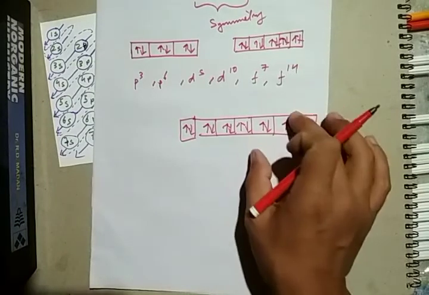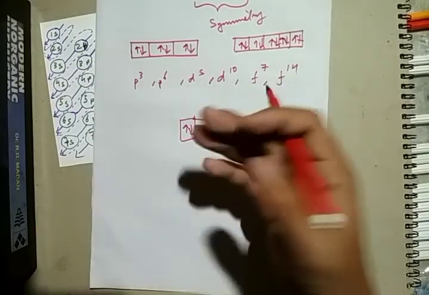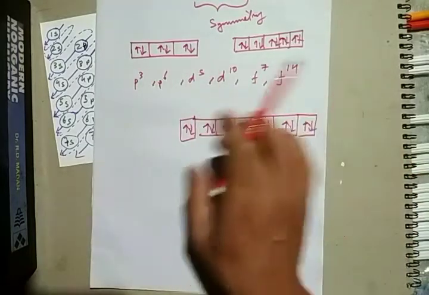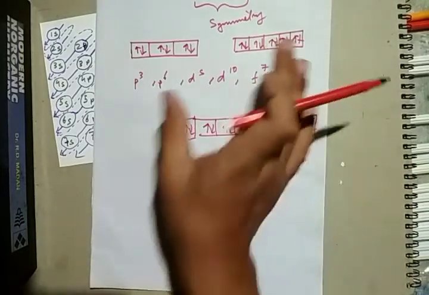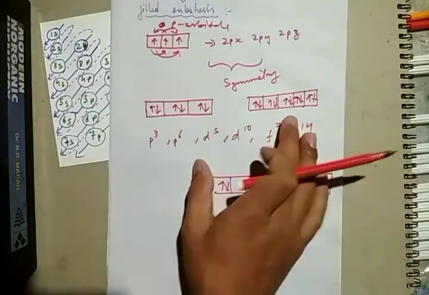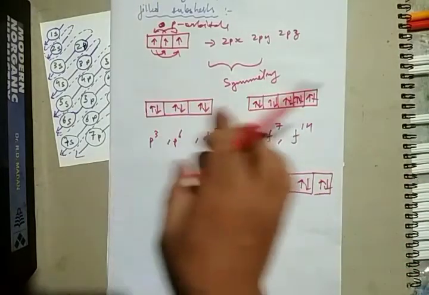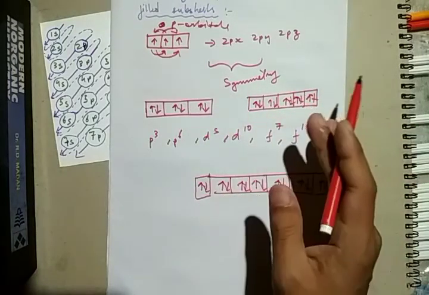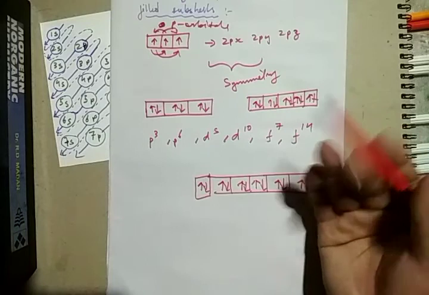So this explains the stability of these electronic configurations. Please remember, half filled and fully filled orbitals are more stable.